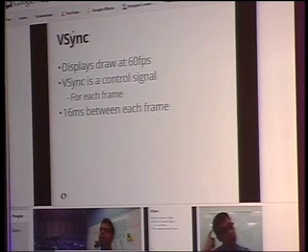So at 60 frames per second, it means that your app has roughly 16 milliseconds to get its work done in order to have that next frame ready. So what we did in Project Butter is start to control a lot of our timings based on this VSync control signal. So Project Butter is really about three things: VSync, triple buffering, and combating input latency.